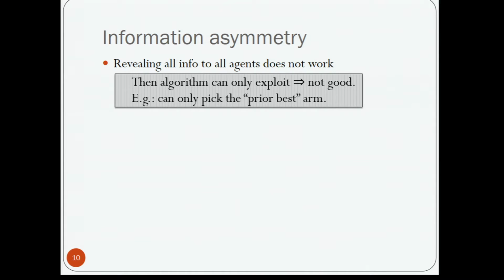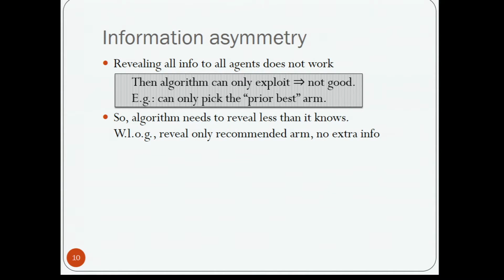It's easy to see that there are problem instances in which the algorithm can only pick the one arm that seems best according to the prior, and this may really not be the right arm in the realization.